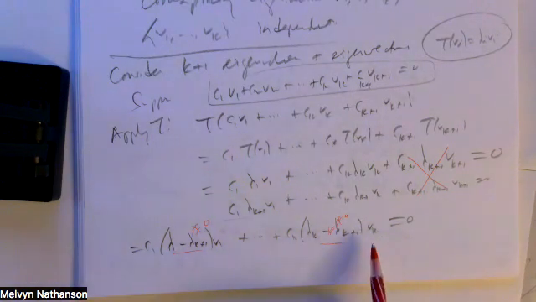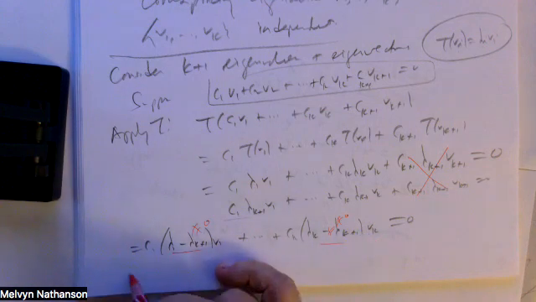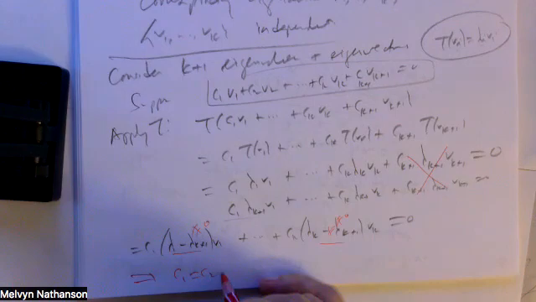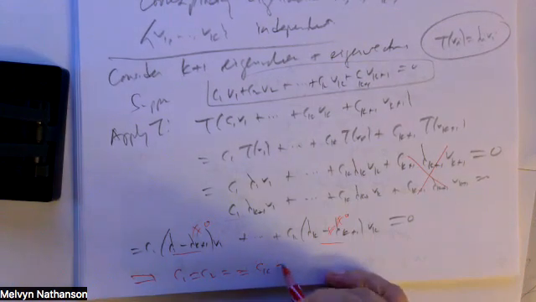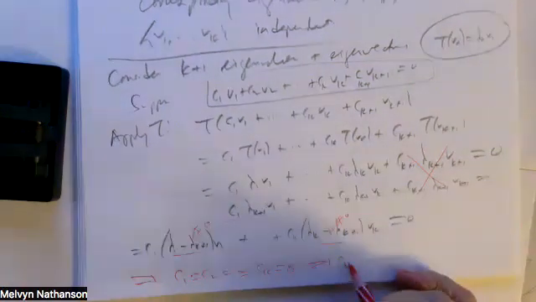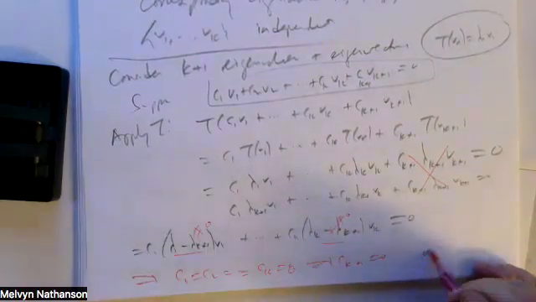But this is a linear combination of V1 up to Vk equal to 0. And by the induction hypothesis, those k vectors are linearly independent. So C1, C2 up to Ck, they're all 0. And if they're all 0, Ck plus 1 is 0, and we're done.